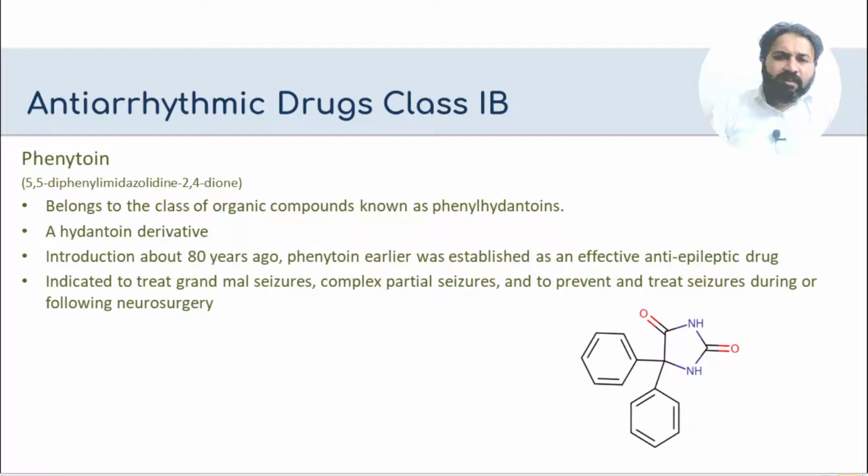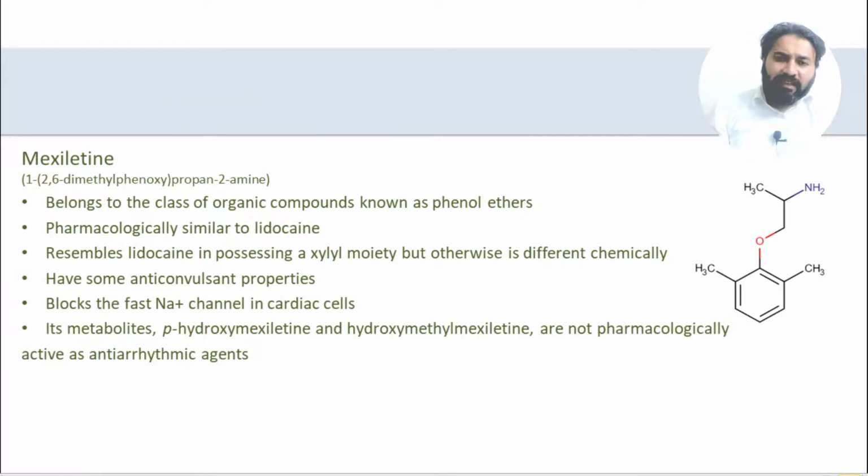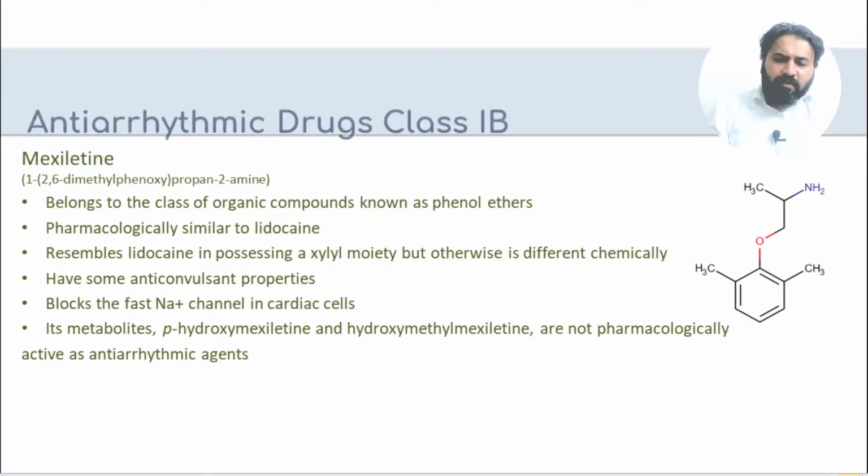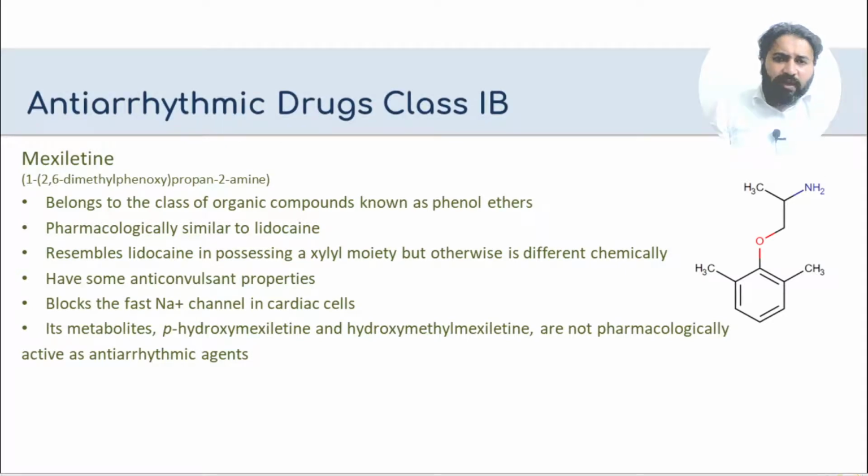Now the next drug is Mexiletine. This Mexiletine hydrochloride, this is the IUPAC name, and it belongs to class 1B. It is very effective when given intravenously or orally.